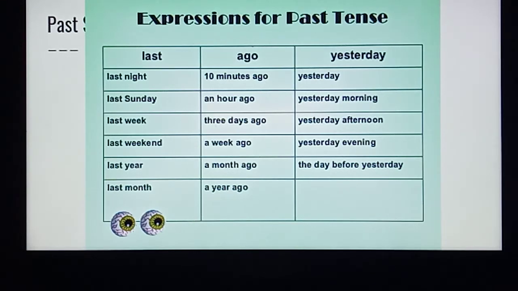Ago. 10 minutes ago. An hour ago. 3 days ago. A week ago. A month ago. A year ago. Yesterday. Yesterday morning. Yesterday afternoon. Yesterday evening. The day before yesterday.